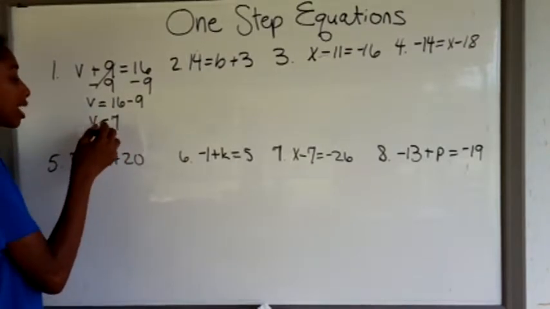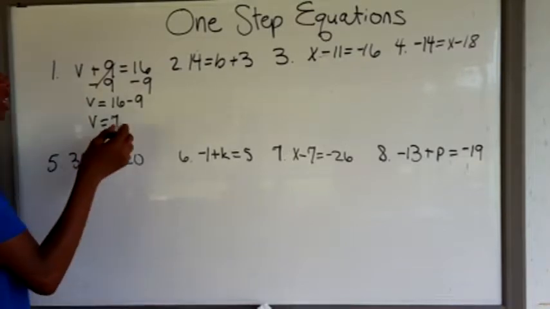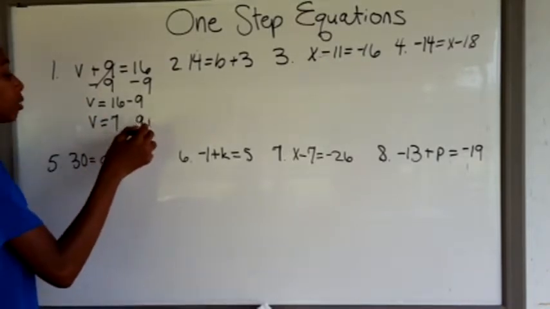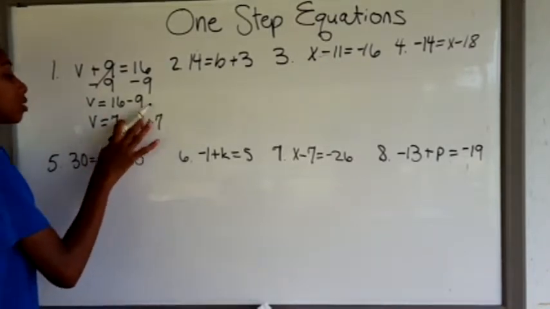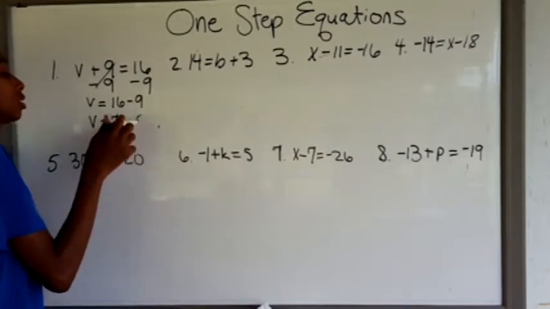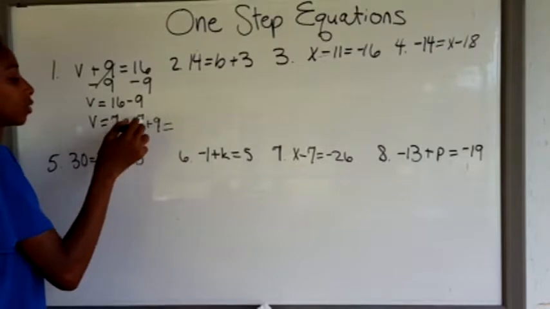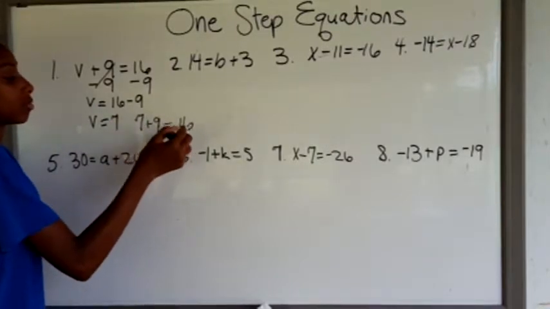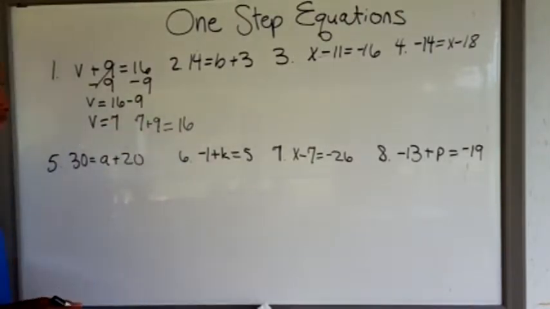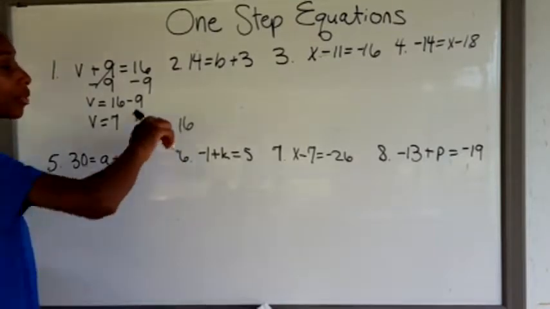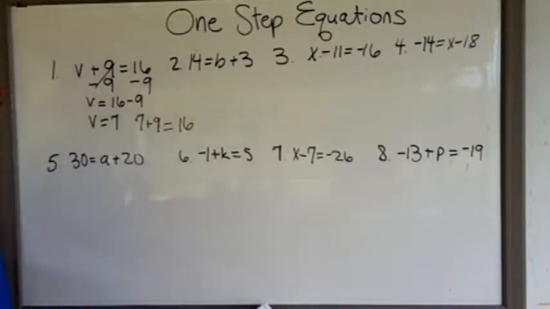So b equals 7. If we plug it in, that'll be 9 plus 7, 7 plus 9. 9, 10, 11, 12, 13, 14, 16. So that is correct.